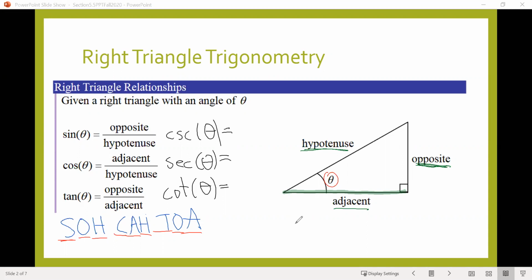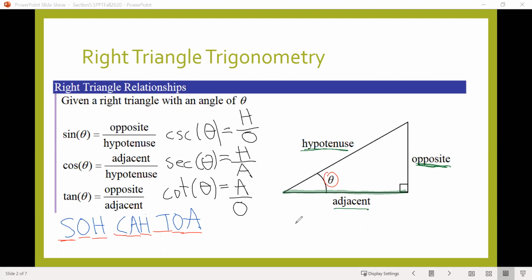For cosecant, we could say that it is hypotenuse over opposite, so the reciprocal of what sine is. Secant would be the reciprocal of cosine, so it would be H over A, hypotenuse over adjacent. And then cotangent would be the reciprocal of tangent, so it would be A over O, or adjacent over opposite.